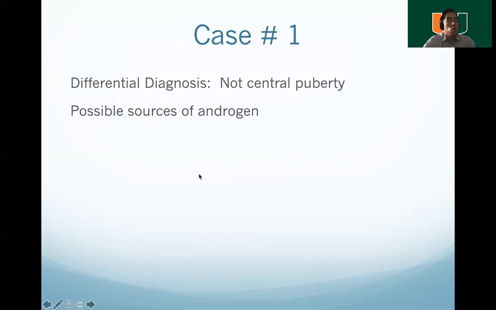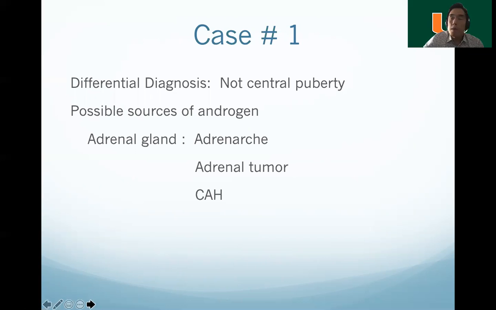So this case is definitely not central puberty. He has signs of androgen, so we have to find out the possible sources of androgen. It could be the adrenal gland. It could be due to adrenarche, an adrenal tumor, or CAH.